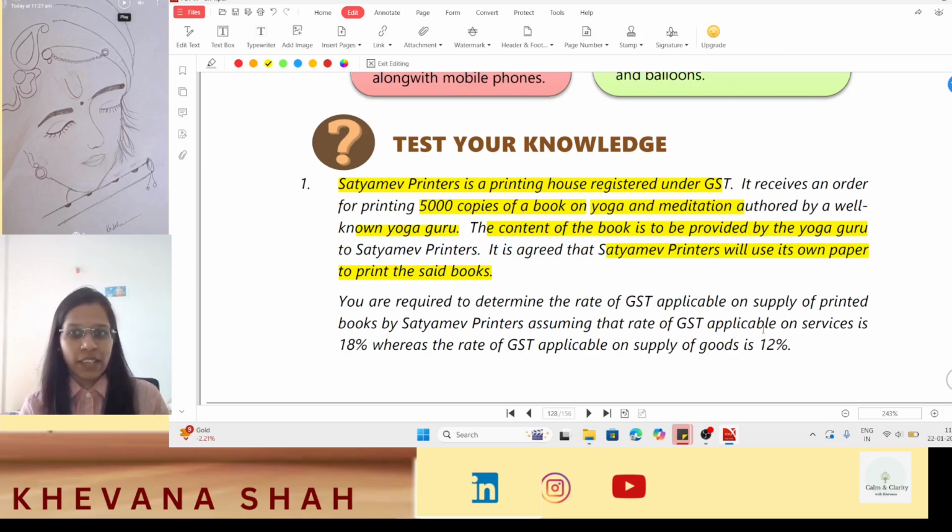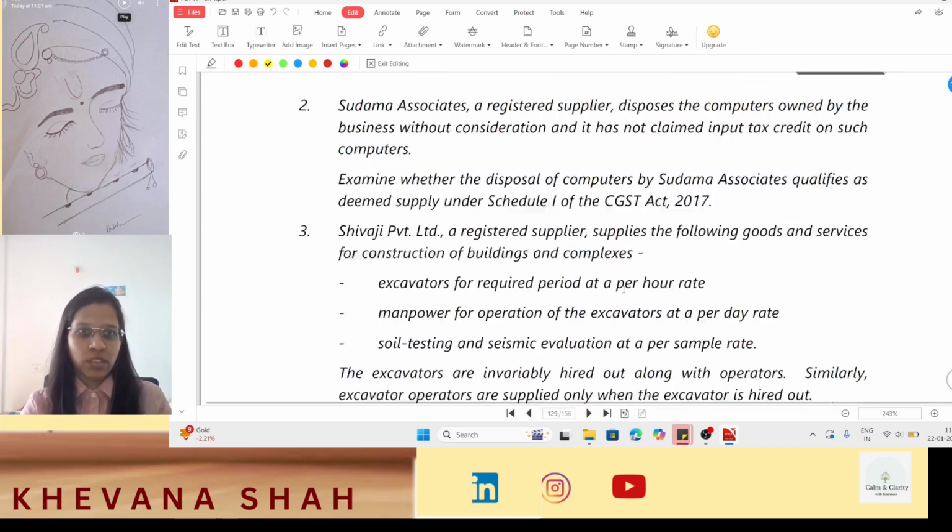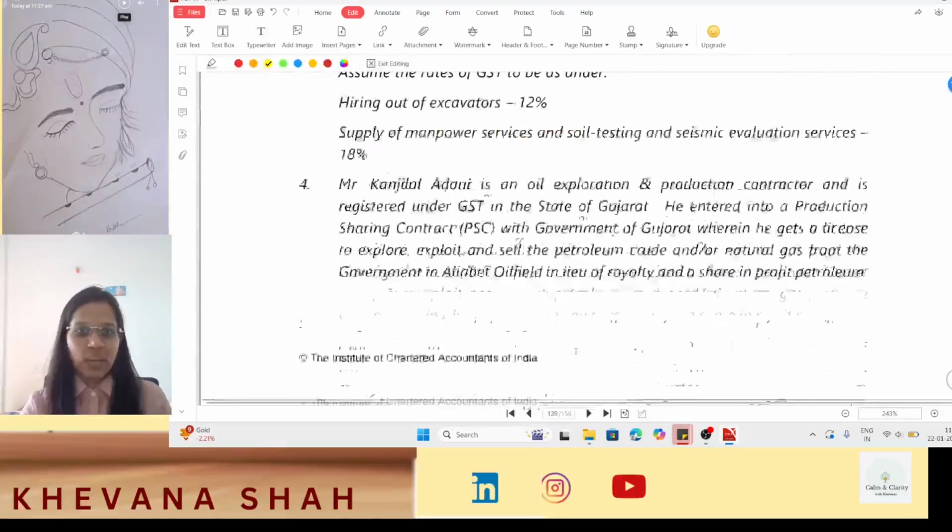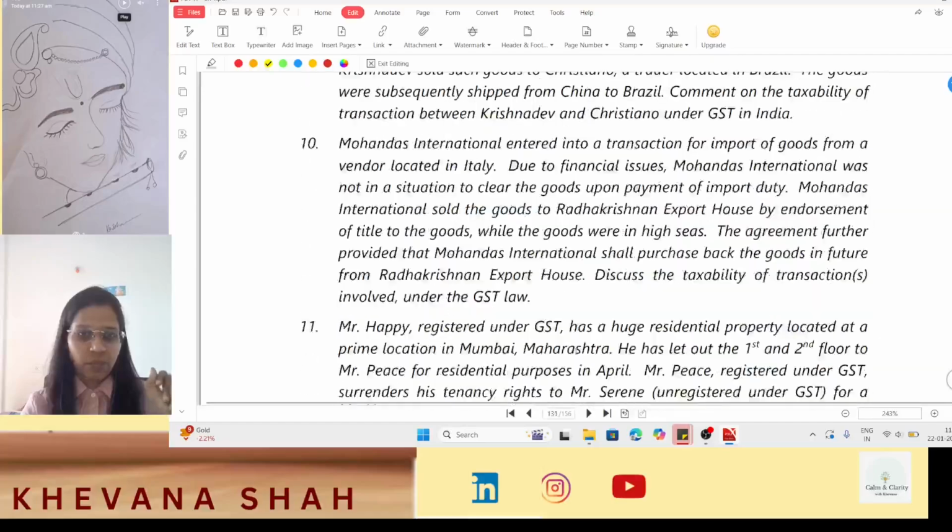So here we are given the rate of services is 18% and rate of goods is 12%, and we are supposed to find the rate of GST applicable. Here, as you can see, there are two supplies. One is the content of the books and second is the paper which is being used to print the said books. So let's come to the answer and what it says.